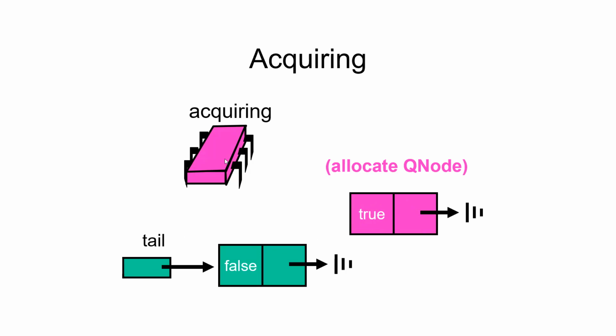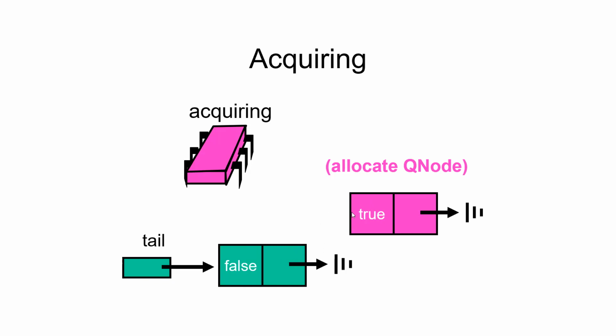Now, whenever a thread wants to acquire the lock, first it will create a queue node and allocate some memory. After that, it will swap. Whatever the tail pointer was pointing to, the tail pointer will now point to the newly created queue node, and the previous queue node will point to the new queue node.